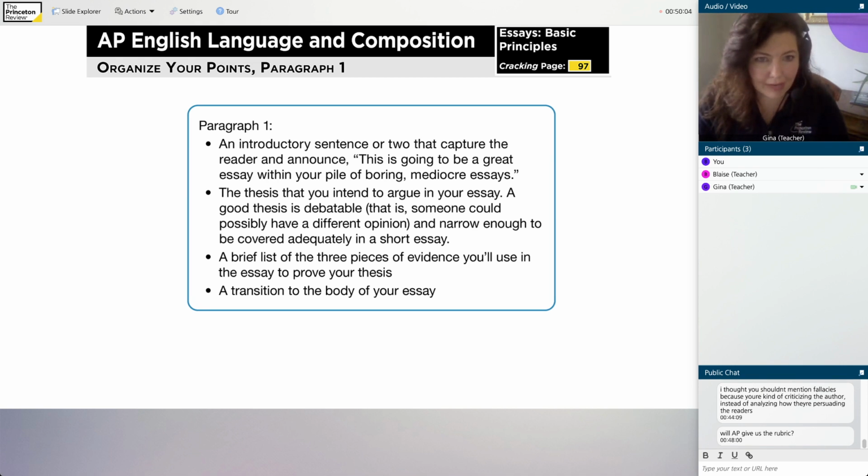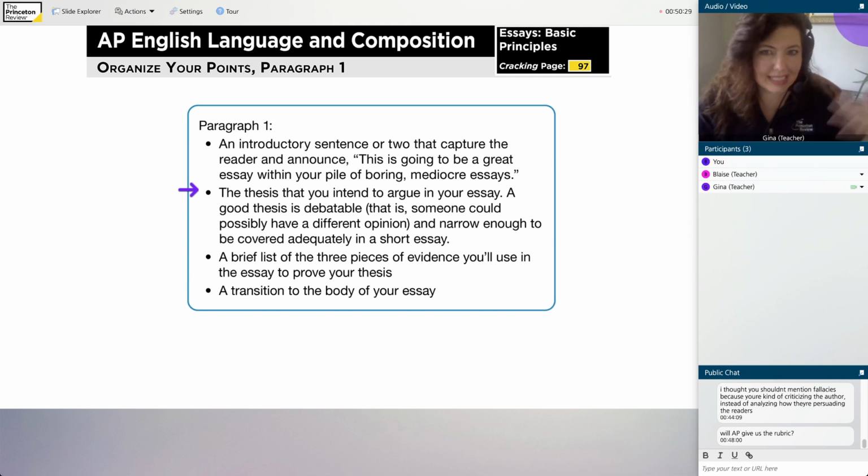In paragraph one is your introduction, and you need to accomplish a few things. First of all, try to make your first sentence great because that's the first impression you're making on the grader. You need to be clear about your thesis. Now, your thesis must be focused on rhetorical modes.